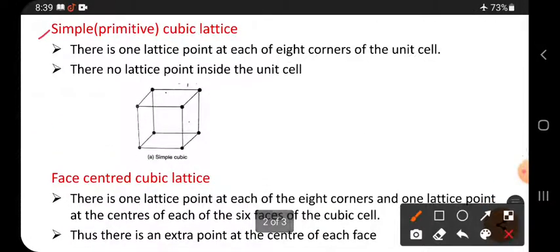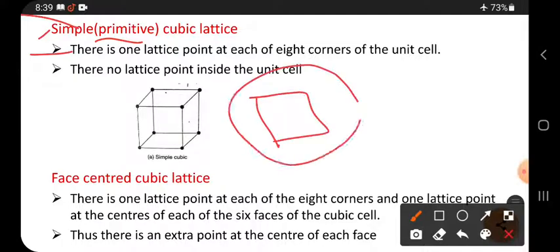First, the simple cubic lattice, or primitive cubic lattice. It is very simple, that is why it is given as simple. There is one lattice point at each of the 8 corners of a unit cell. I told you the unit cell is not always a square.